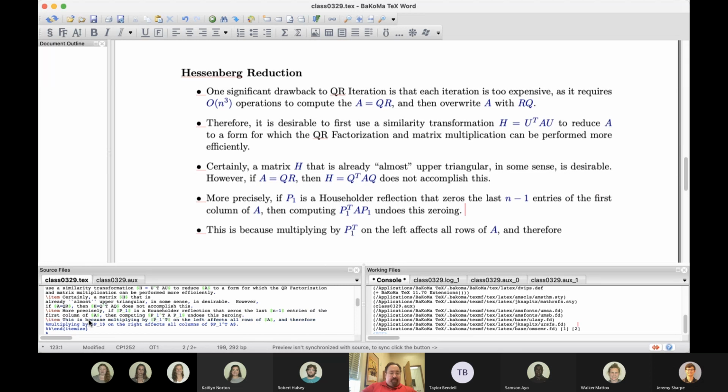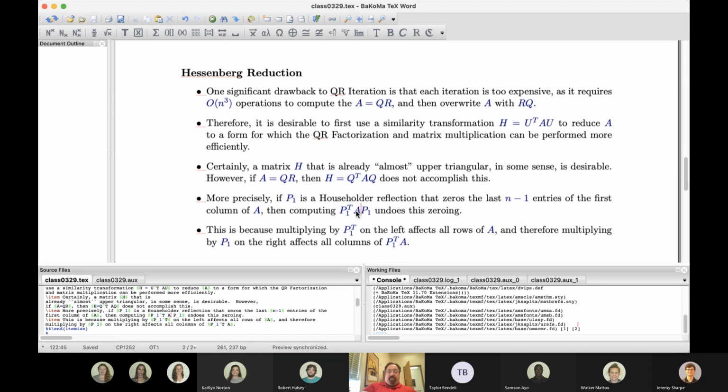Now, why does that happen? Because when you are trying to zero out the entire first column except for the first entry, so entries 2 through n are 0, that will change all the rows of A when you're multiplying on the left. Then you multiply by P1 on the right. That will affect all the columns of this matrix.